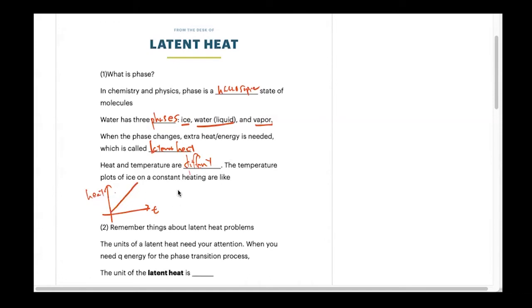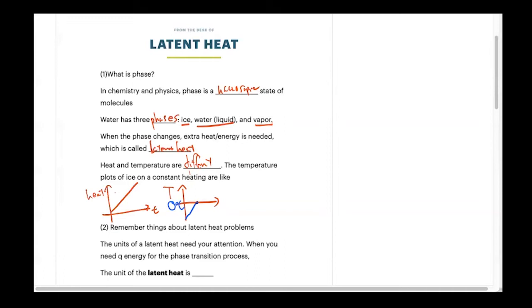But if you measure the temperature, because ice is less than 0 Celsius degree, you can imagine that the temperature of ice is getting increased as you heat this ice.